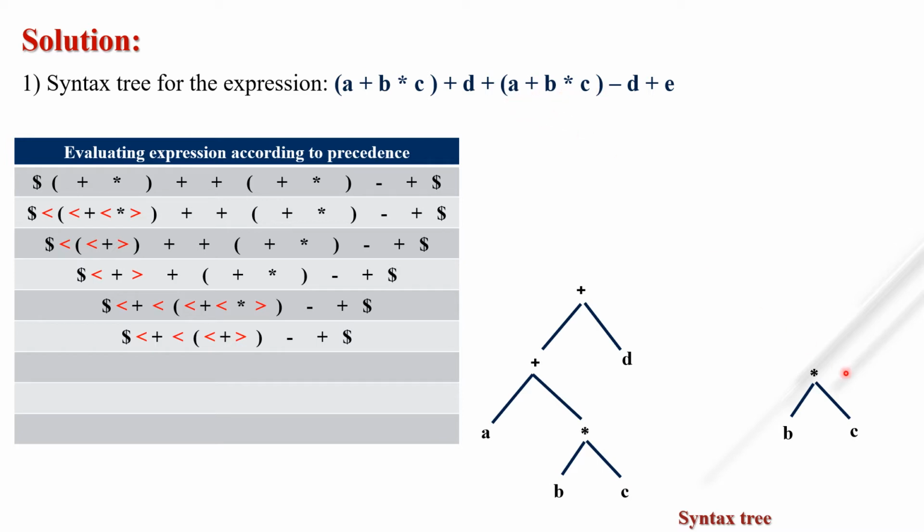So we have to draw the syntax tree on the left hand side because this a is on the left hand side with the operator plus. So we draw this. Okay, so this expression is already evaluated here.